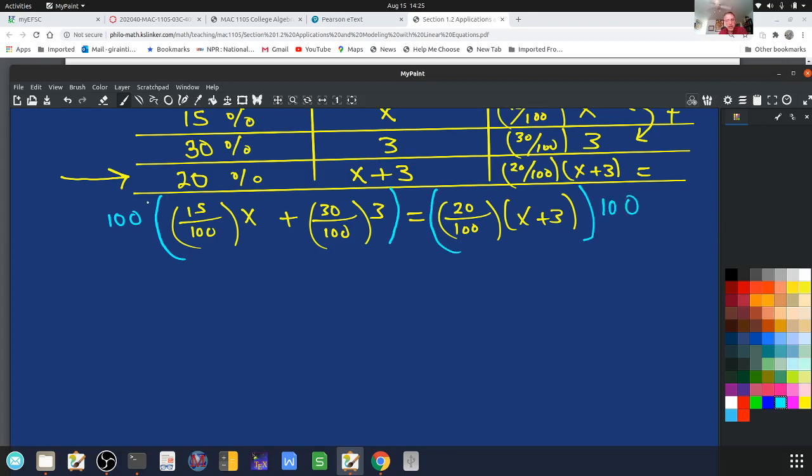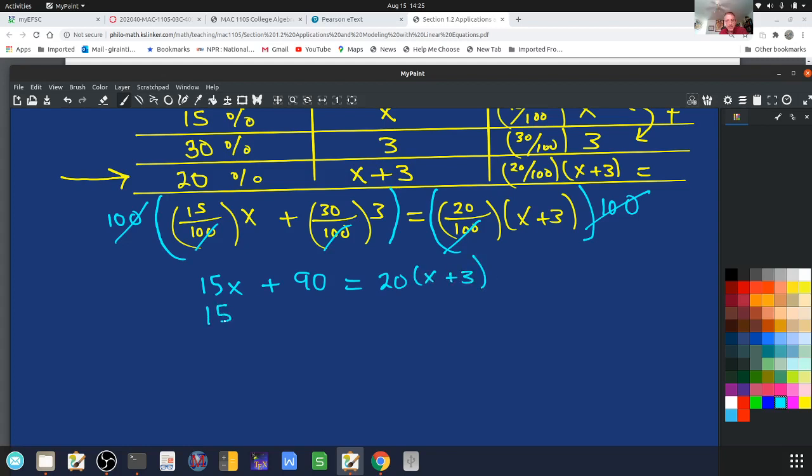When I do so, the denominators cancel out. So that gives me 15 times x plus 30 times 3, which is 90, is equal to 20 times x plus 3.